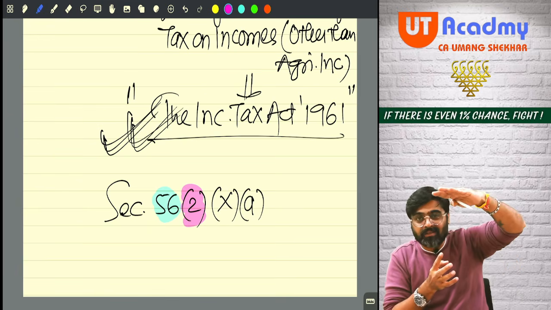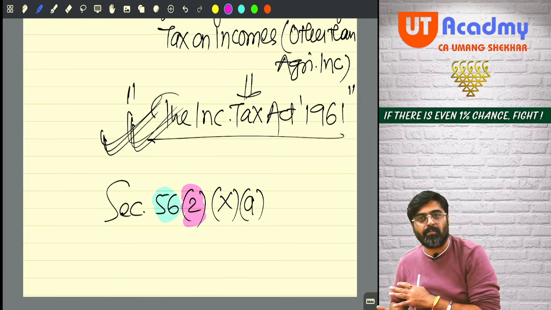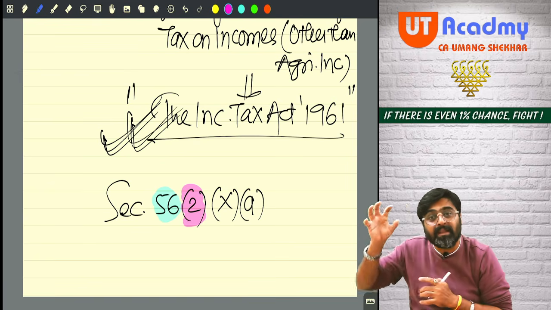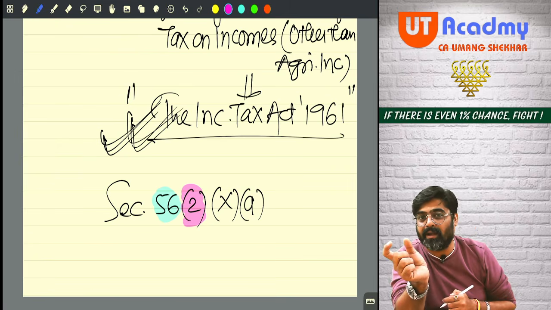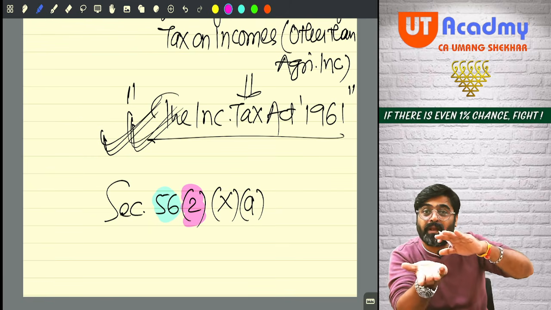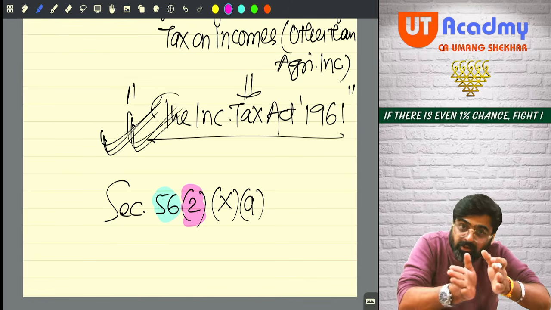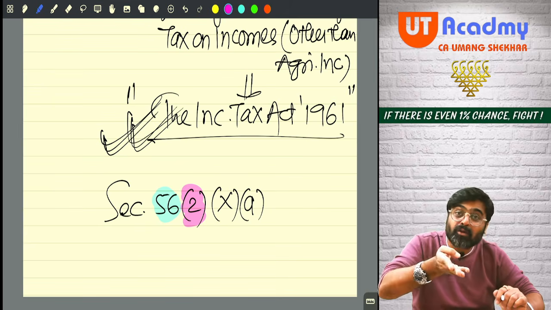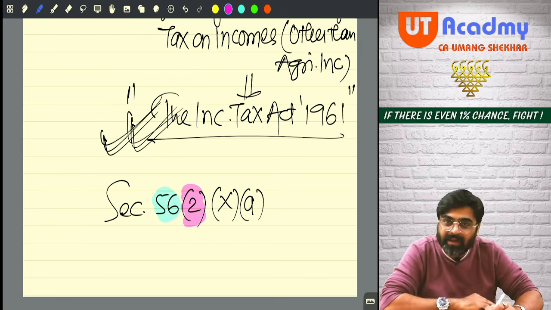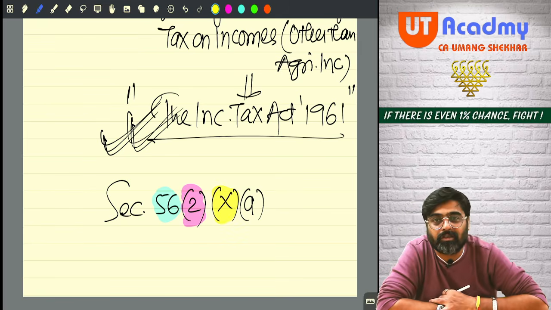So if the main section is very big, it is divided into small parts, and all the small parts in that section are known as subsection. So the first bracket is what? Subsection. Now, for example, in a particular subsection there are small parts. Then parts of the subsection are given after the subsection and they are known as clauses.